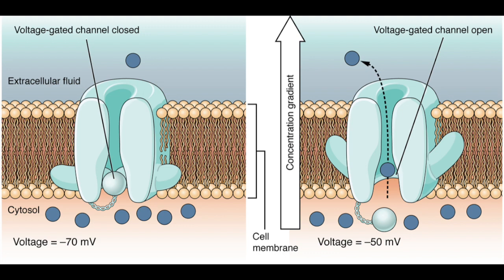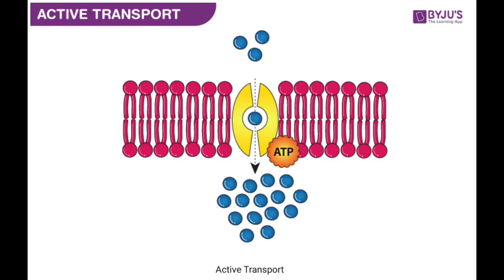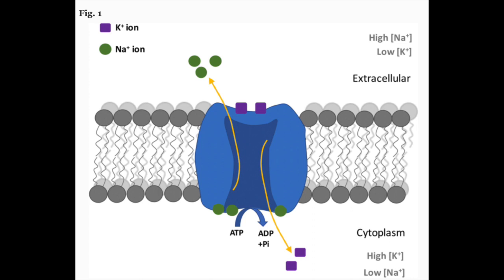Now for the second to last form of transport, we have active transport. Active transport is the movement of particles against a concentration gradient. This uses a carrier protein, effectively a pump, to push molecules from low to high concentration. A practical example of this is a sodium-potassium pump used in an action potential.